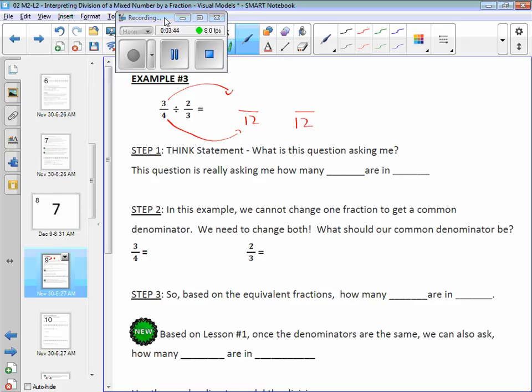Take a look at my arrow. 4 times what makes 12? My constant's 3. So, like I did with ratios, take my 3, multiply by 3, my constant. That's okay. And we've made an equivalent ratio or fraction for 3/4, now called 9/12.